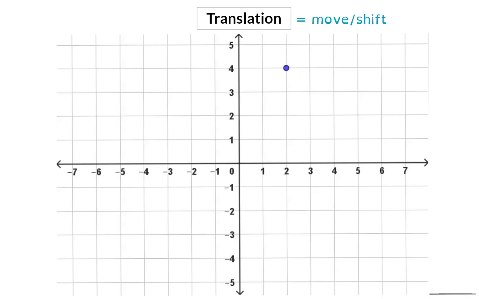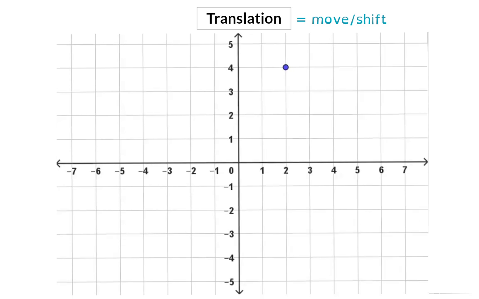This shift or movement happens on the system of axes, and even though you can move a point in any direction, we are going to describe the movement in terms of a horizontal movement on the x-axis and a vertical movement on the y-axis. As an example, here we have the coordinate (2, 4), and I'm going to move it in different directions.